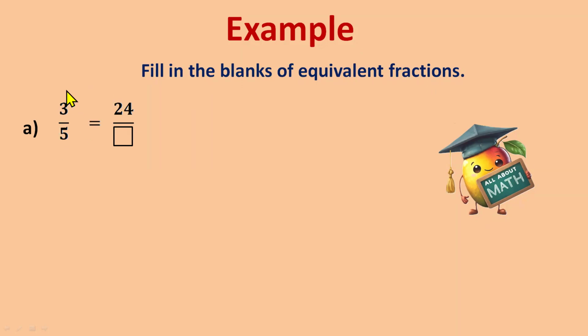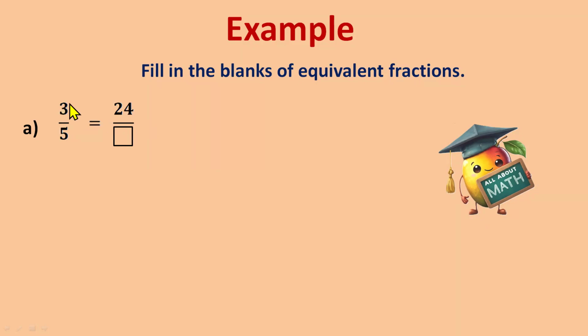Like 3 and 5, this numerator and denominator you have already. You have 24 here. Now you need to understand what 3 will be multiplied with to get 24. What you'll multiply 3 with so that your answer is 24. 3 1s are 3, 3 2s are 6, 3 3s are 9, 3 8s are 24. So to get 24, 3 must be multiplied with 8.